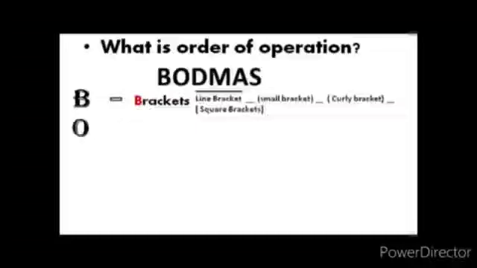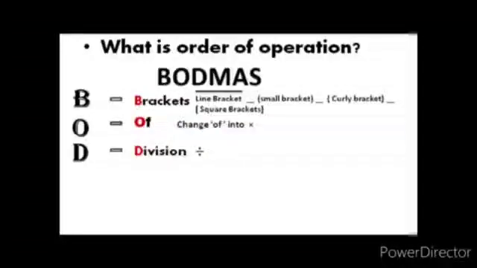Next is O, which stands for of. It states that we have to change of into x, that is multiply. The next operation we have to do is D, that is division.